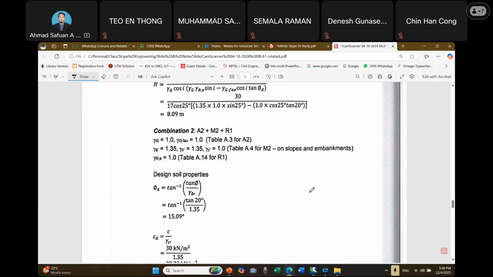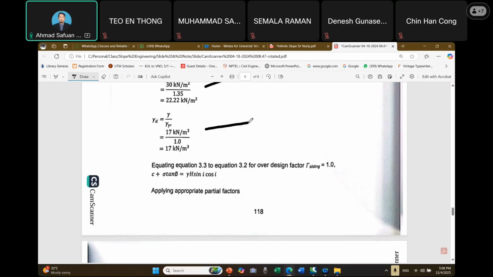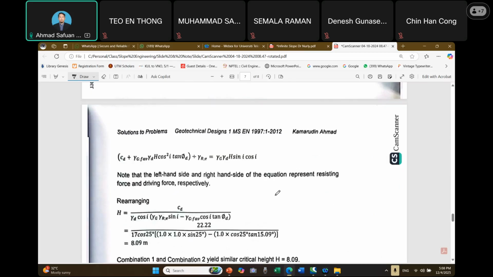Then we go to combination 2: gamma G favorable, gamma phi, gamma c, gamma R, then phi D, c D, gamma D. Using the equation for an overall design factor equal to 1, we obtain these equations, rearrange and put H on the left and the rest on the right.